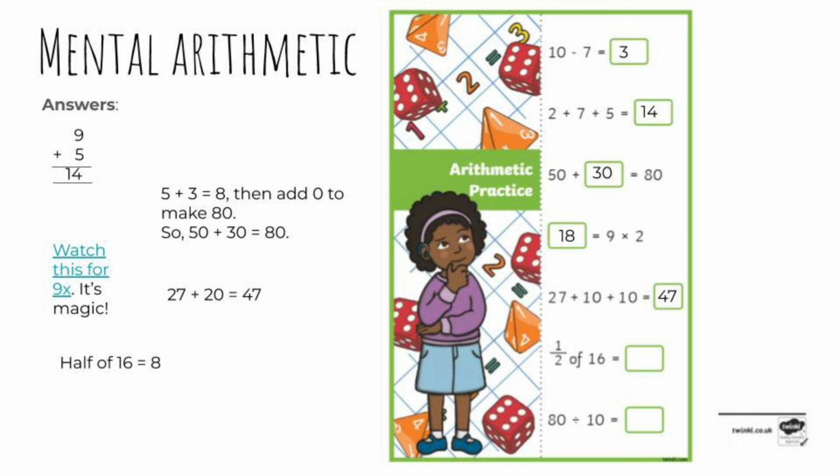So, 16 divided by 2 equals 8. So half of 16 is 8. Okay, the last question. 80 divided by 10. Do you remember what we do? That's right. Let's cross out 1 0 from the end. So 80 divided by 10 equals 8.